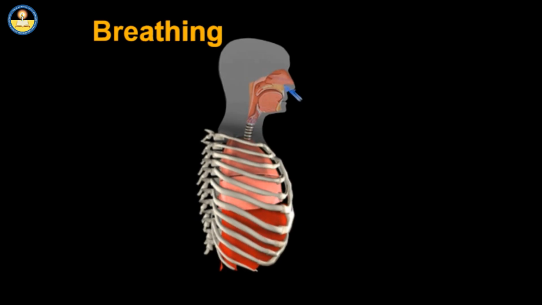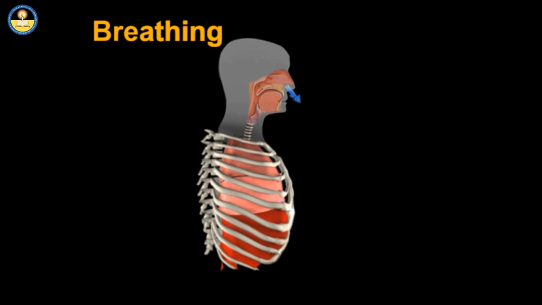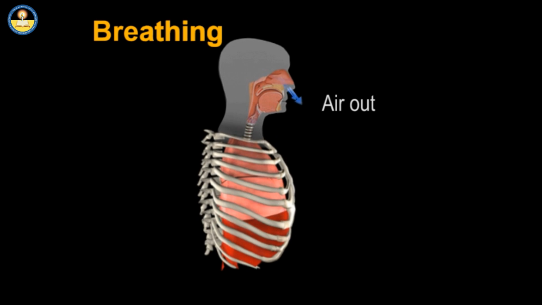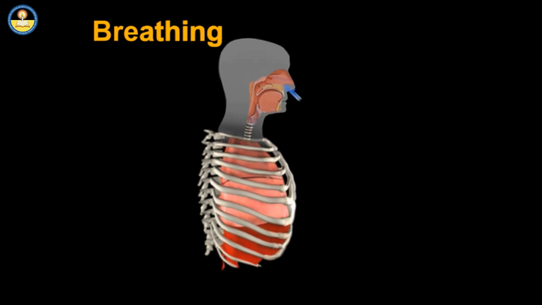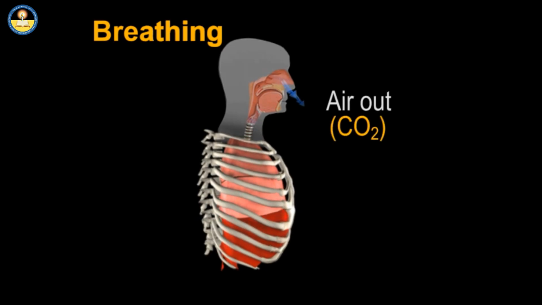Or we may say, breathing is the physical act of inhaling and exhaling. Through breathing, we are able to move air in and out of the lungs. Once the gases are exchanged, breathing also serves the purpose of removing a waste gas like carbon dioxide.